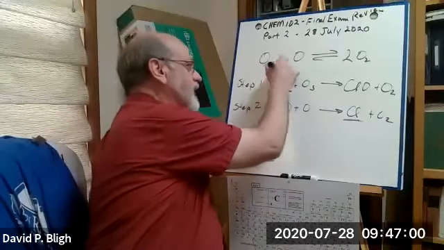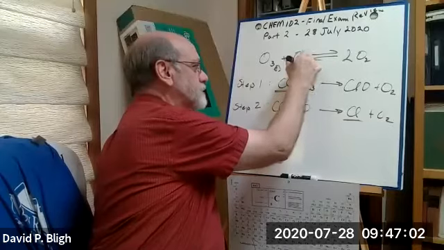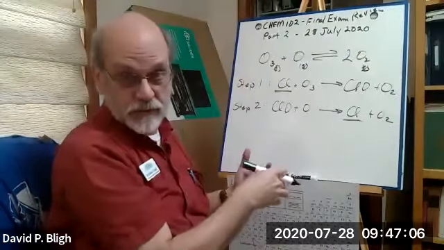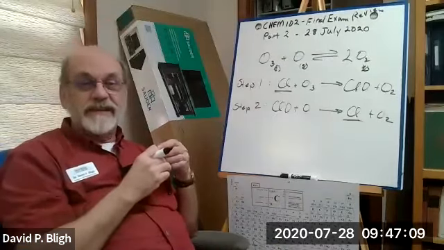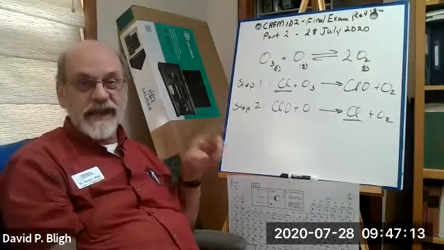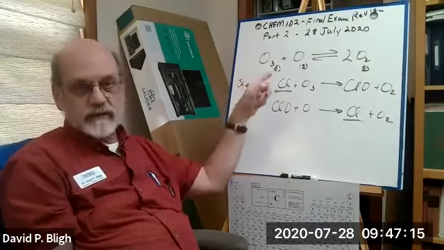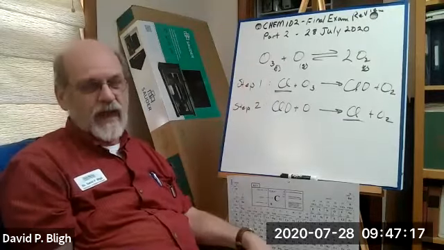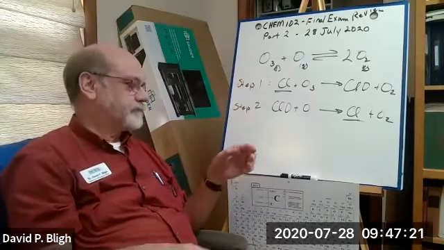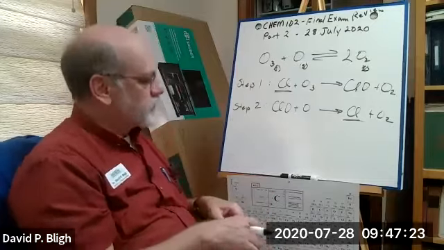Now, these are all gases. And we didn't tell you, but all of those are gases too. So what type of catalyst is this? It's a homogeneous catalyst. It's in the same phase as the reactants and products. Actually, it only has to be the same phase as the reactants. So it's a homogeneous catalyst.